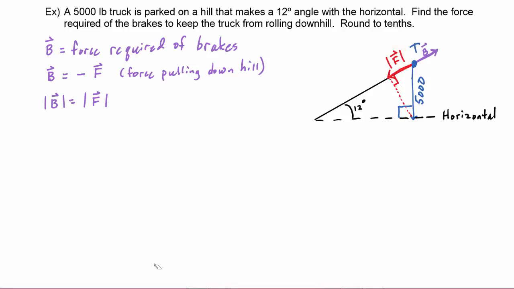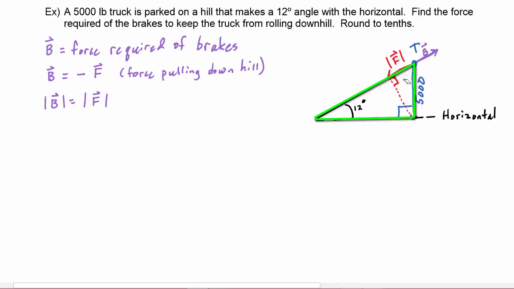Now in this diagram, we have a couple of right triangles we can work with. If we look at this big right triangle, we see that the right angle is here, so that means the 12 degrees and this angle over here at vertex T are going to have to be complementary.